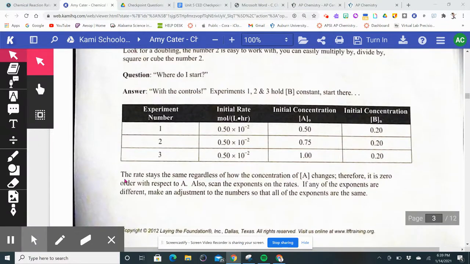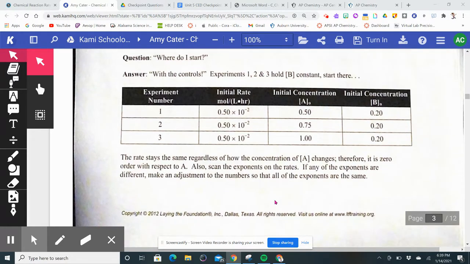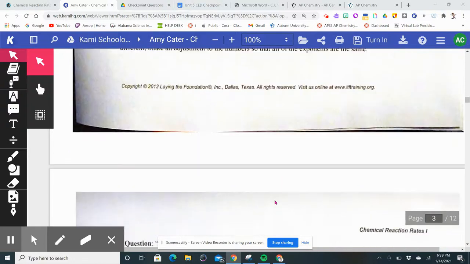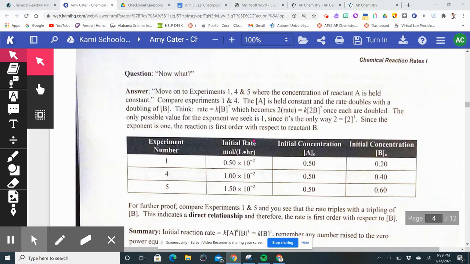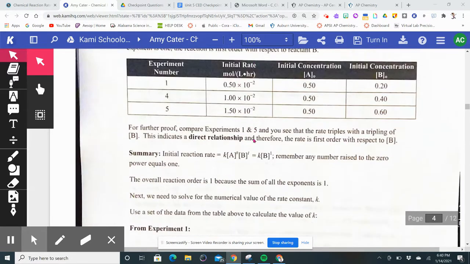The rate stays the same regardless. If you look at the data table, you'll see that the rate stays the same regardless of how the concentration of A changes. Therefore, it is zero order with respect to A. So you'll just need to make sure that you read through and scan through this and then refer back to your notes.